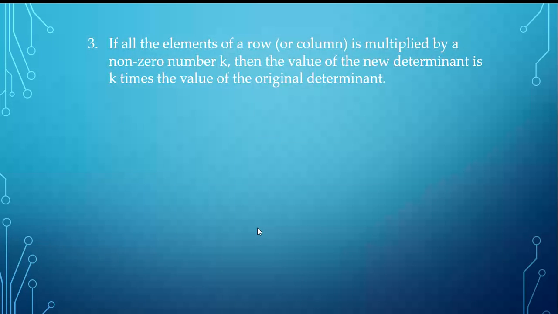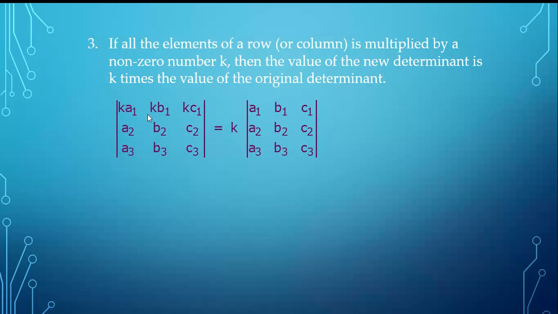Next, the third property is that if all the elements of a row or column are multiplied by a non-zero number k, then the value of the new determinant is k times the value of the original determinant. Suppose our determinant has row 1 multiplied by a scalar k: ka1, kb1, kc1.